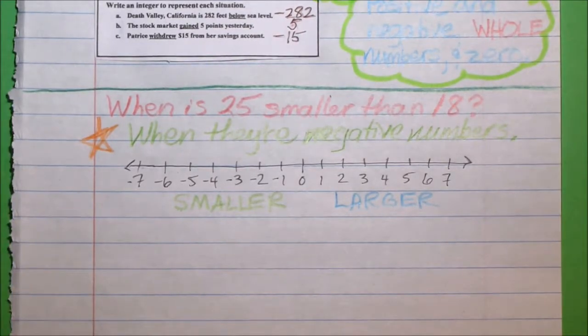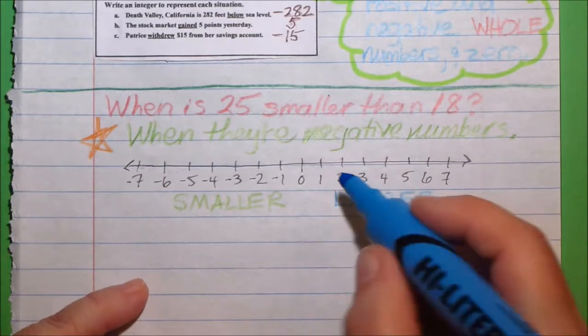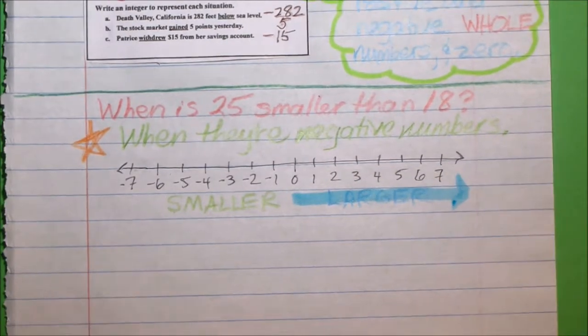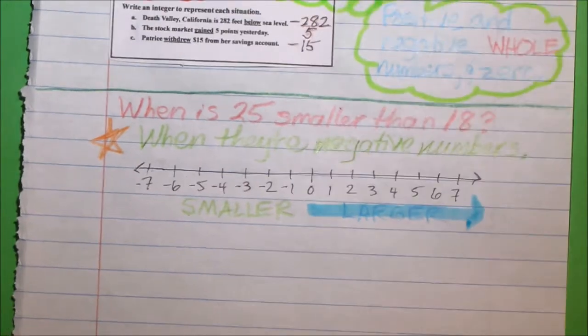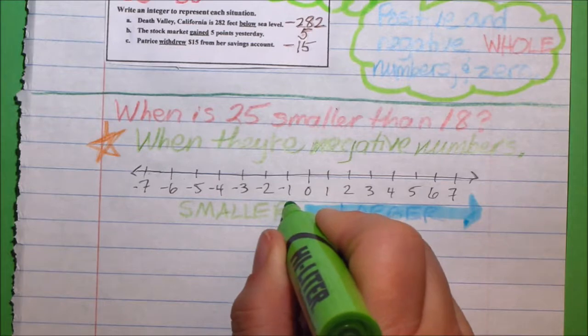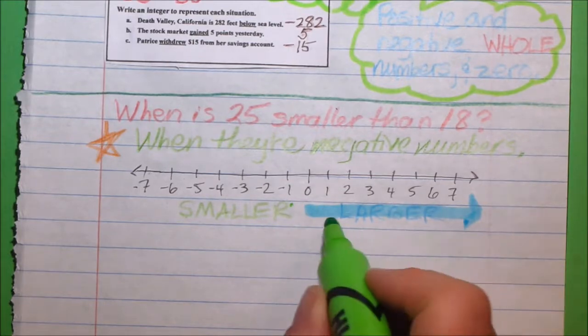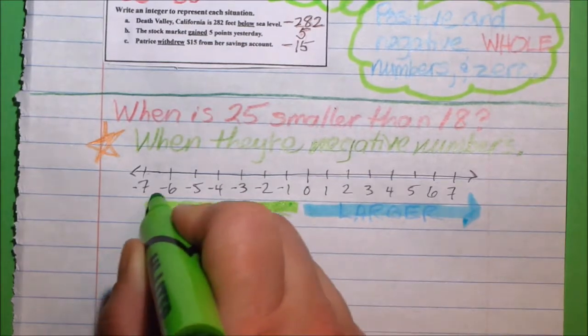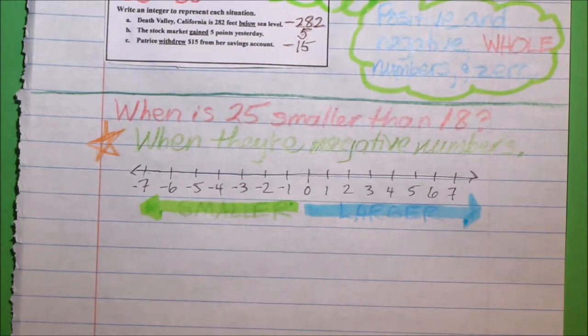Sorry, they're getting larger as you move to the right and smaller as you move to the left. All right. Okay, so there's our number line.